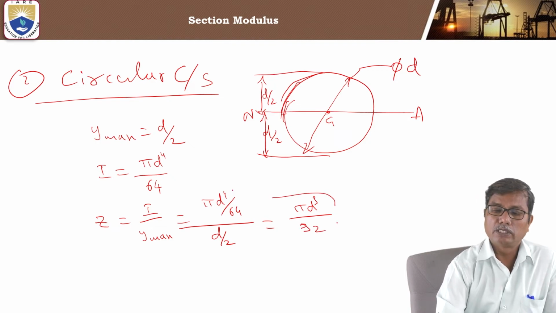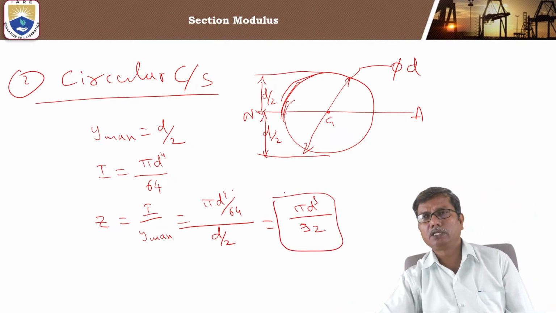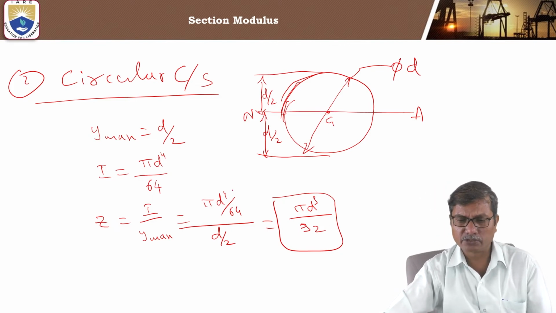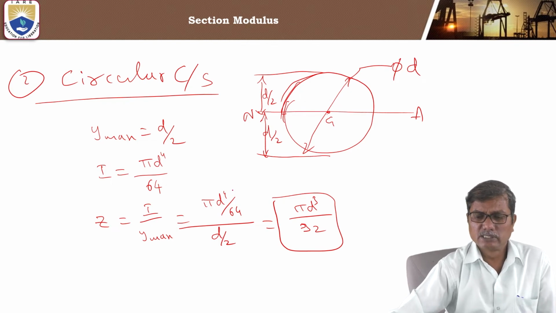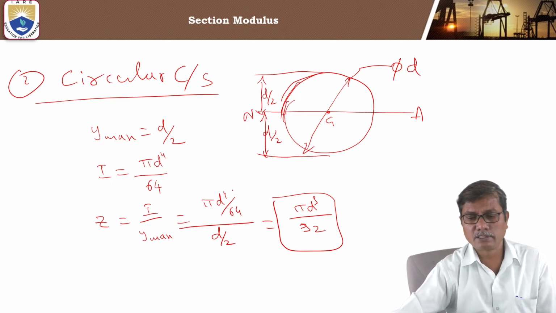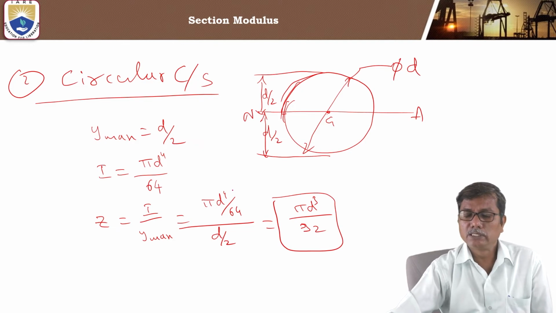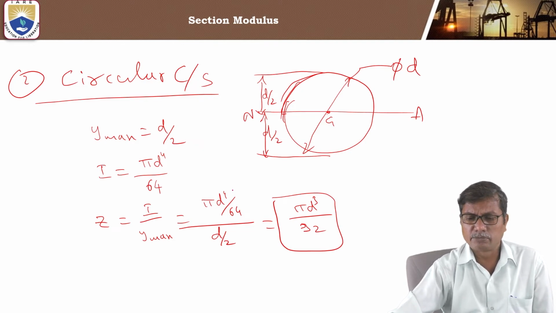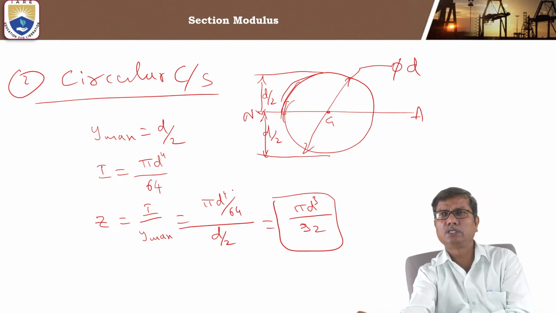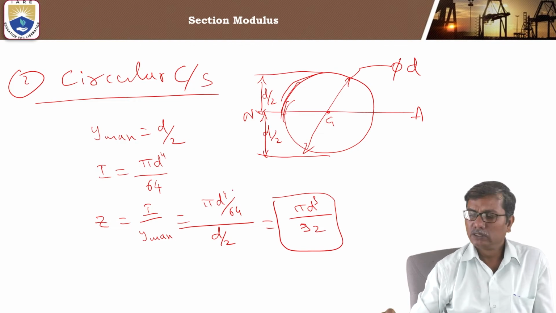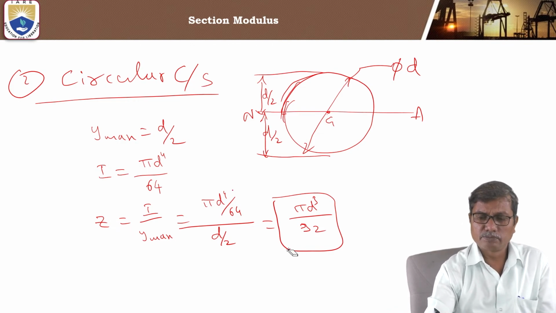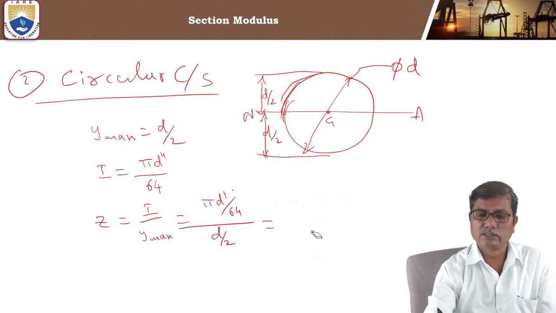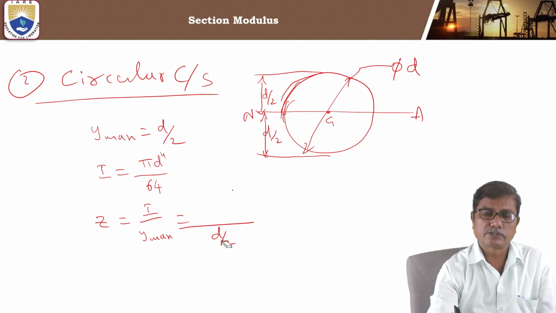These values are to be remembered for basic cross sections. The moments of inertia, centroidal distances, section moduli, these are to be remembered. Each time we cannot go on deriving, so we better remember these basic things for standard sections.